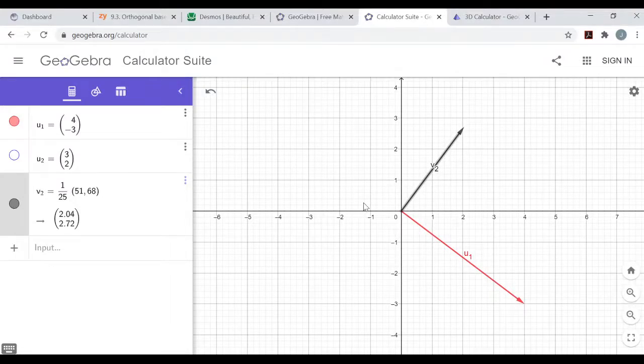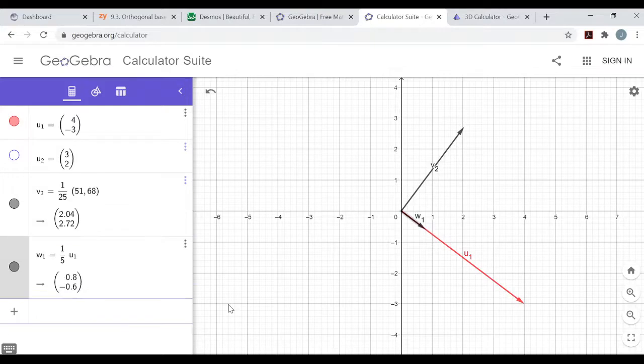And then I just normalized these. So if you multiply the first vector by 1/5, let's call this W1. Remember I multiplied that by 1/5, 1/5 times U1. And you see that W1 show up on U1 there. That's in the same direction, but it's just a unit length.